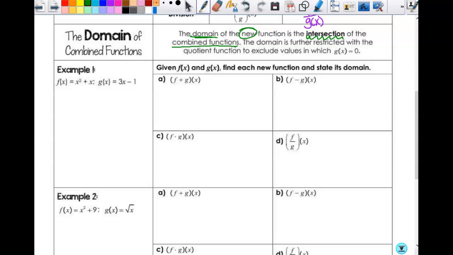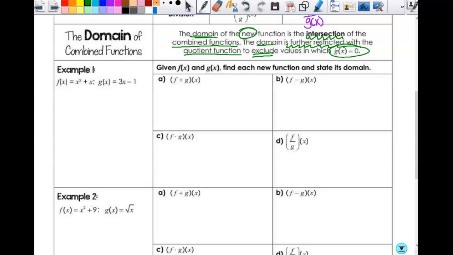So then the domain is further restricted with the quotient function, quotient meaning what? Division, to exclude values in which g of x equals 0. Now, let me be clear on this. This specifically says g of x equals 0. That doesn't mean it's always g of x.